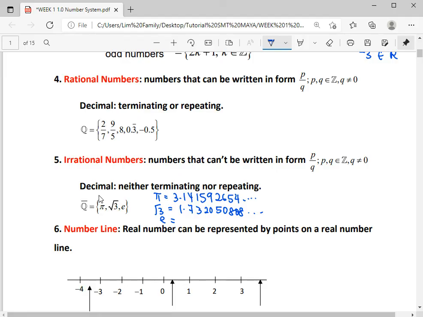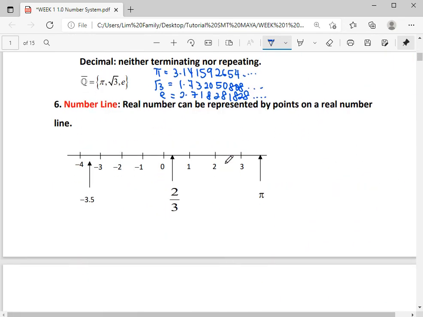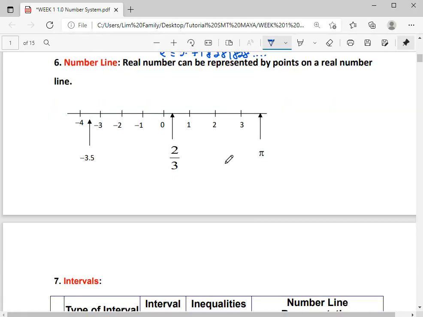When we didn't write anything, it means exponential to the power of 1. It gives 2.71828 and then 1828 and so on. Okay, so this is all the numbers we have. This is our first part of this topic. From these numbers, later on we can label them on a number line.